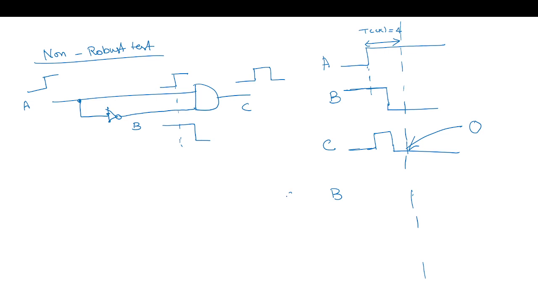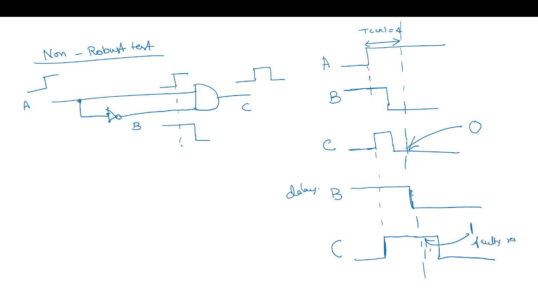But because of some delay, if this is going till here, then the C value, this edge is not affected, but it will discharge to 0 here, and there will be some delay for that gate also. So when we capture at this place, we will get a 1. So here we will have the faulty response. So this is testable non-robustly.